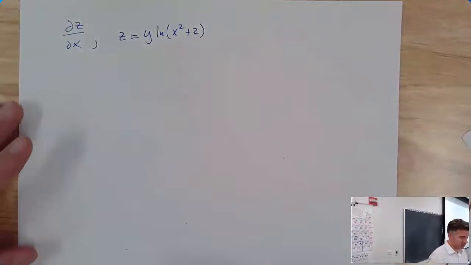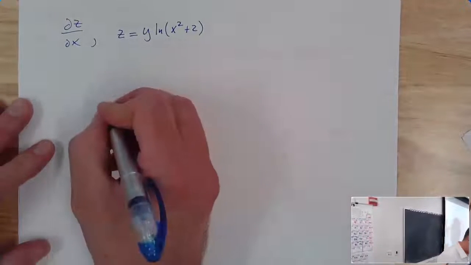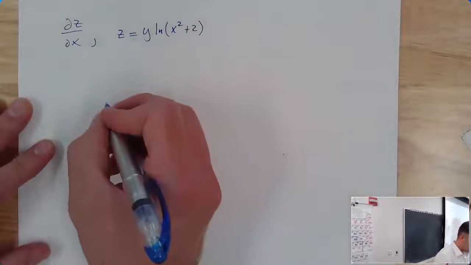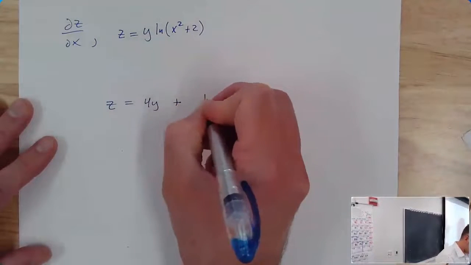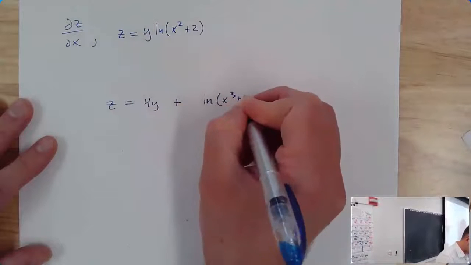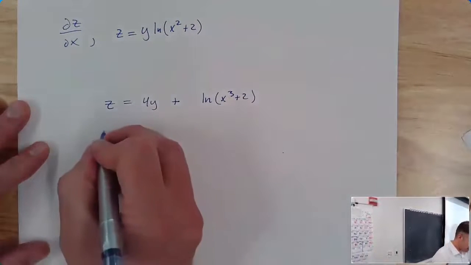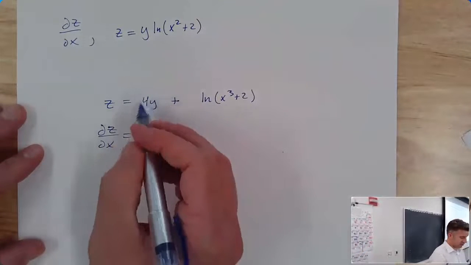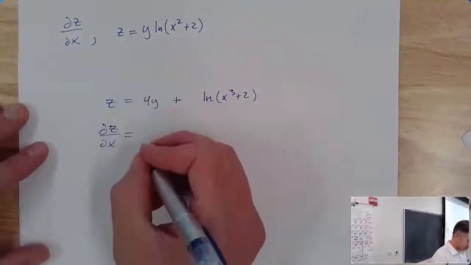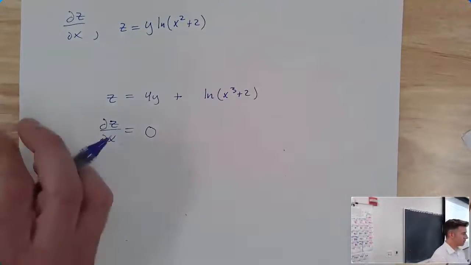So I'm going to give you two different questions here and then we'll wrap it up. So let's say we have this versus this. So here, if I'm finding del z del x, what is the derivative of 4y? It is 0.